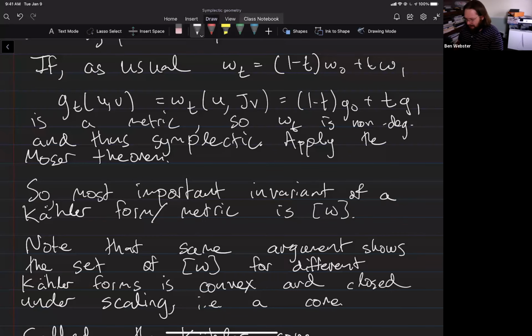So the important invariant of a Kähler form is just its class in H2. If you fix the complex structure, and I tell you the class in H2, there's only one Kähler form up to symplectomorphism. You'll often hear people talk about the Kähler class.